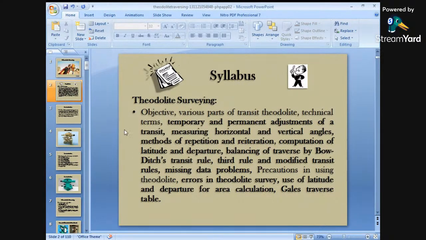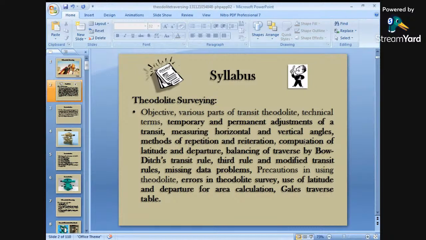This is the syllabus which we are going to discuss in this lecture. That is the objectives behind using theodolite surveying, various parts of your theodolite, some technical terms, how you can do the temporary and permanent adjustment of your theodolite, and how to measure the horizontal and vertical angle. What are the various methods adopted while performing your theodolite traversing? They are called namely repetition method and retracement method.